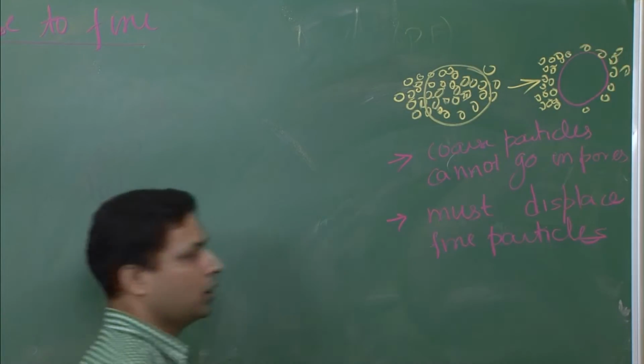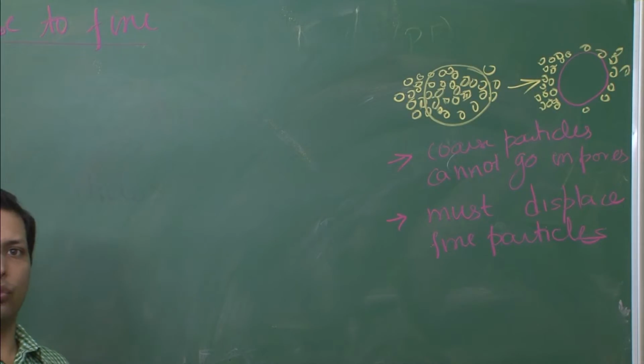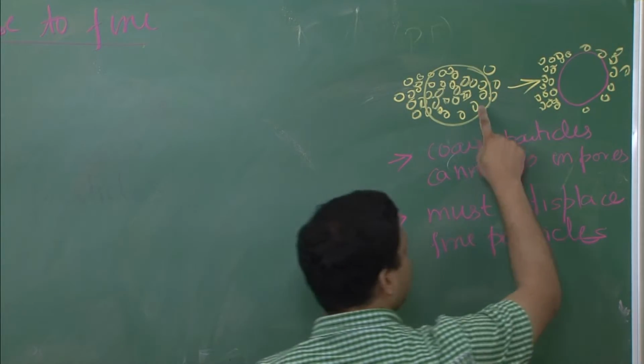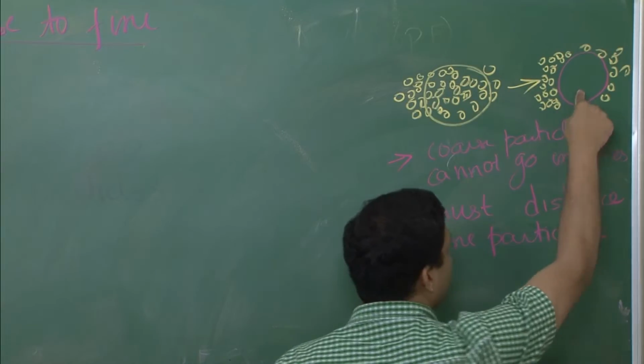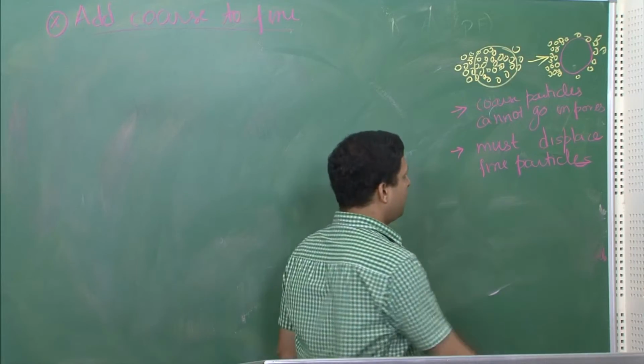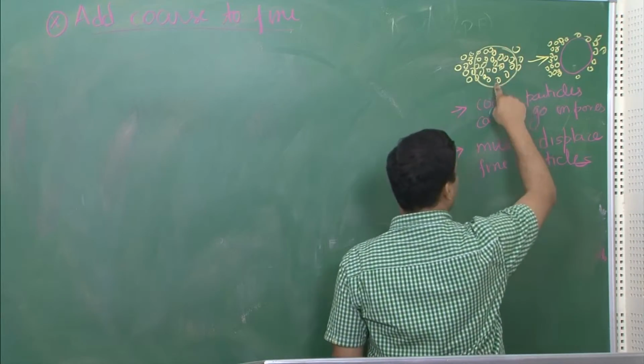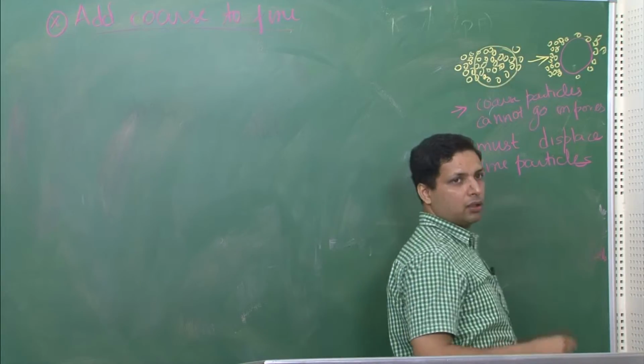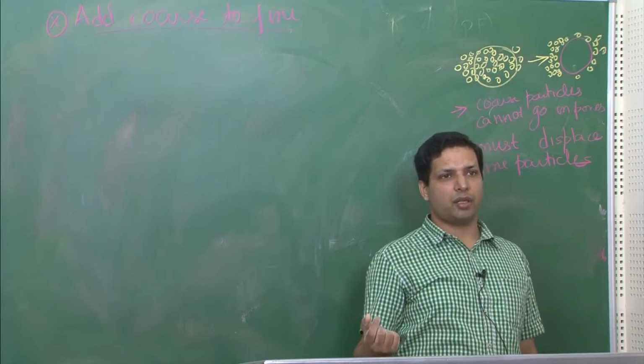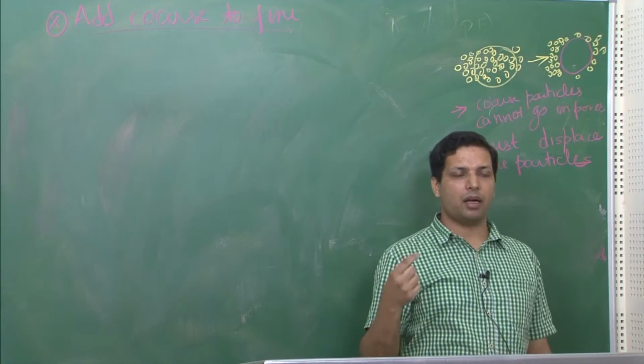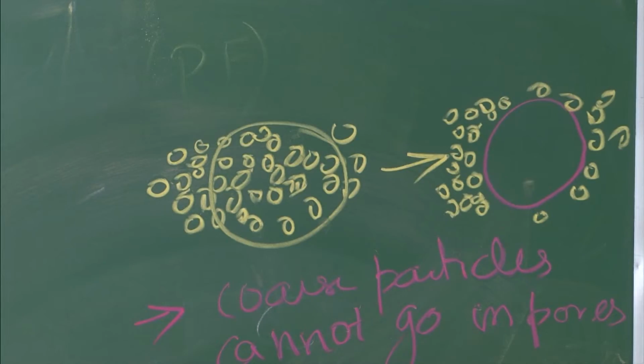And so on. So again you can see that when we displace the fine particles by the coarse particles, there is an increase in the packing fraction, because in this region now whatever pores were there, they have disappeared. Now it has been displaced by a bulk material.